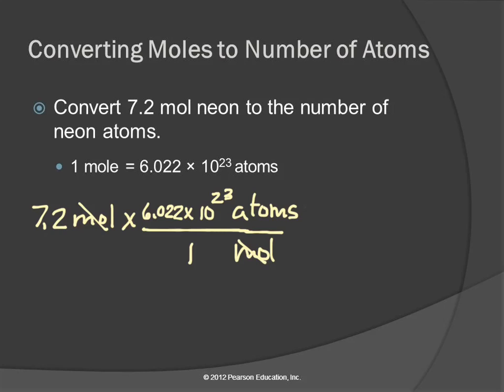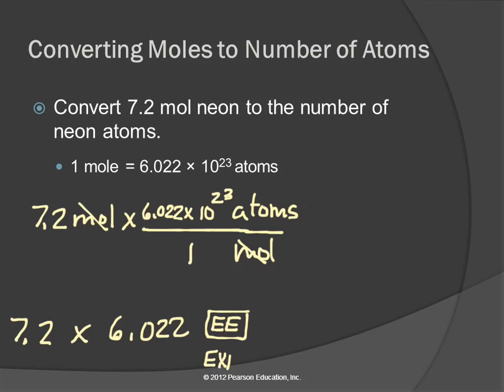So 7.2 times, and I'll write this down here. This is what you're going to punch on your calculator. 7 and the 0.2 and then the times button. And then you're going to do 6.022, and all of that is awesome and great. And then people lose their brains. Now you do the EE button, or it may be an EXP button.